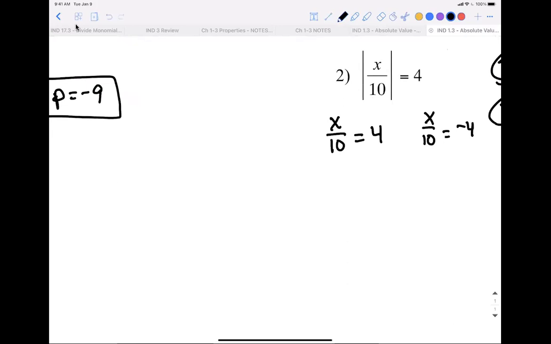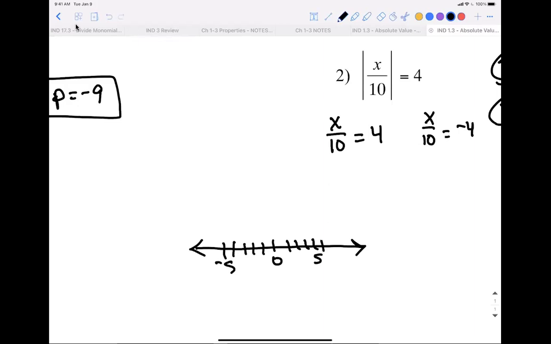Just as a pause, you don't have to put this in your notes if you don't want to. I'm just explaining what absolute value is in case you've never had it before. Absolute value is like a number line with 0. If I say the absolute value of 5, I mean it's 5 to the positive side and 5 to the negative side, because absolute value means how many steps away from 0 it is.